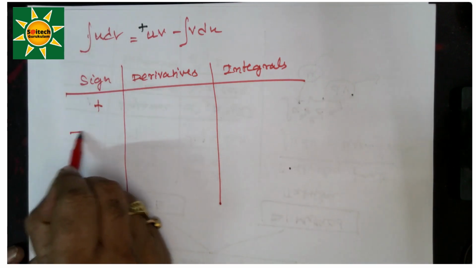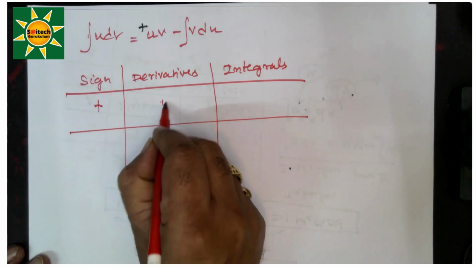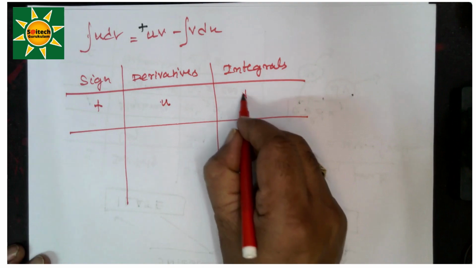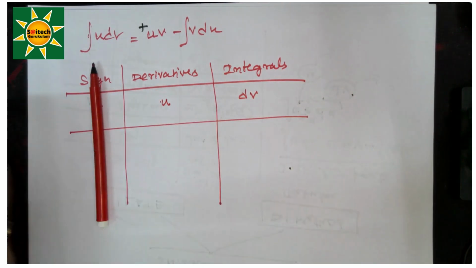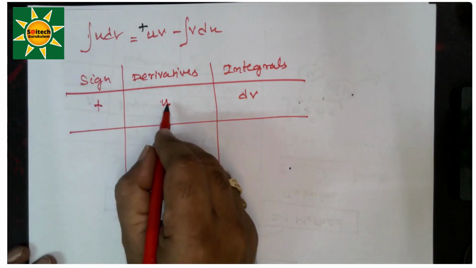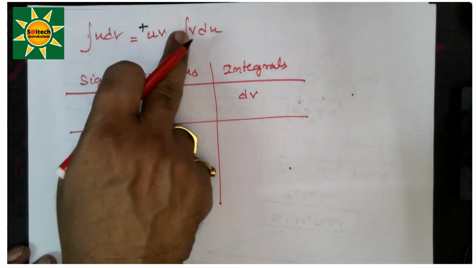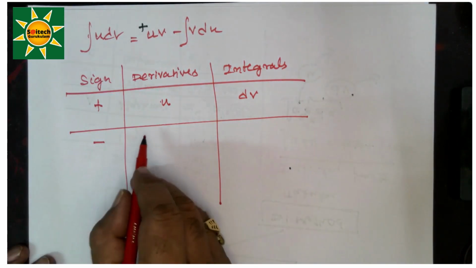and in the first case you will have u, is it not? And this is dv. Okay, in the next step you have to put the minus sign, and that indicates the second value.